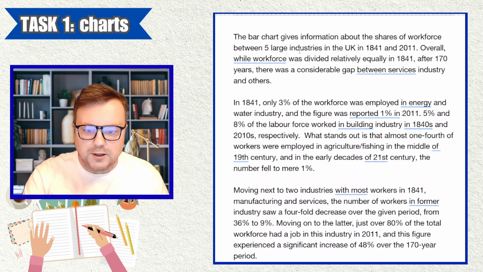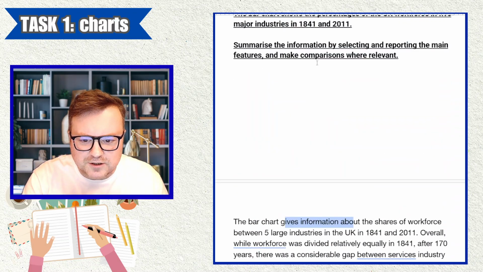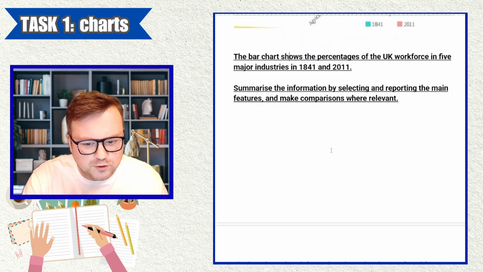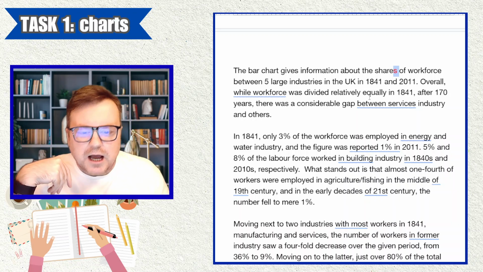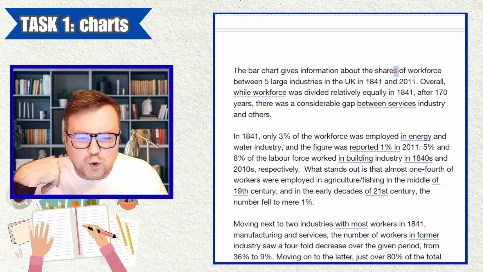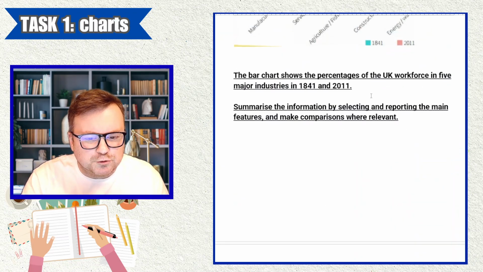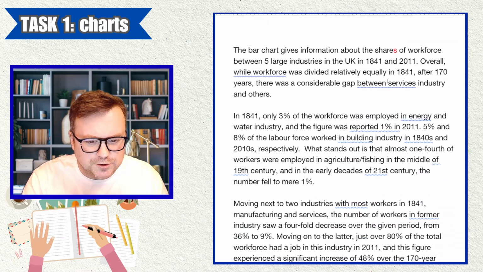Okay, the bar chart gives information about... so, gives information about, instead of shows. Cool, like it. Gives information about the share, percentage of, the share of workforce. You haven't mentioned that it's the British workforce here, which is important.